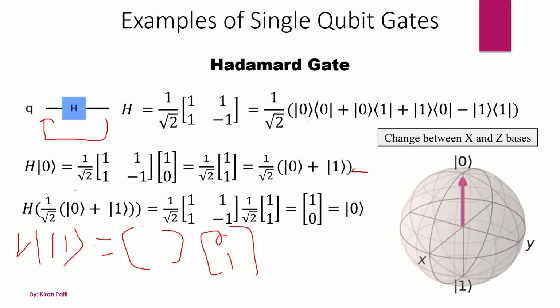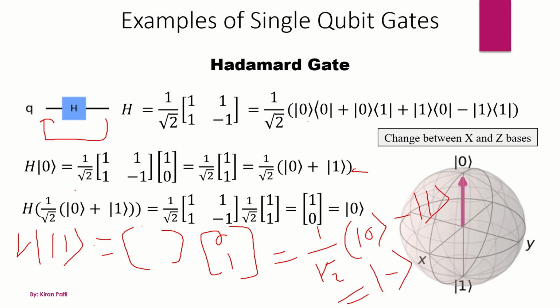So you will get the equation 1 by root 2 (|0> minus |1>), which is the equation for the state |->, right? So perform this operation and let me know in a comment, are you able to calculate or not?